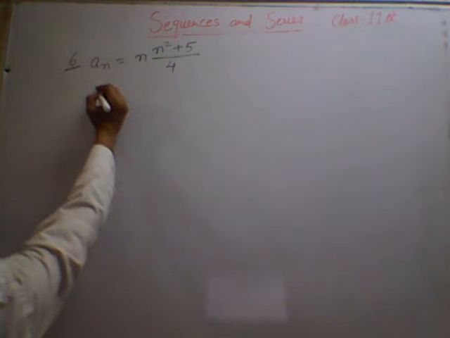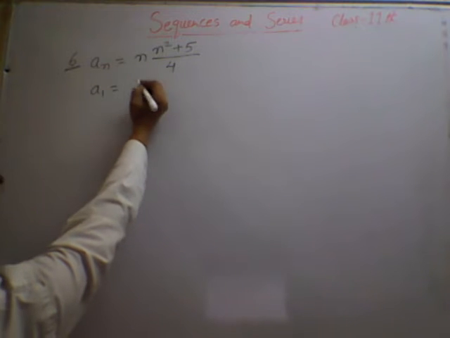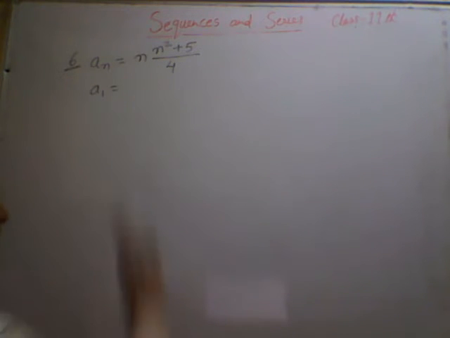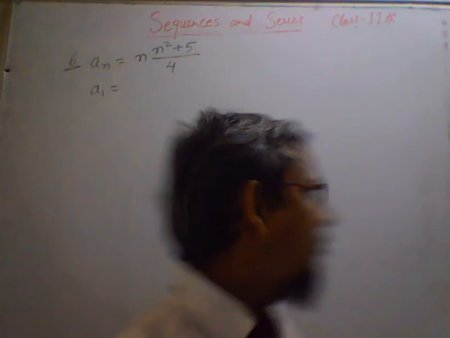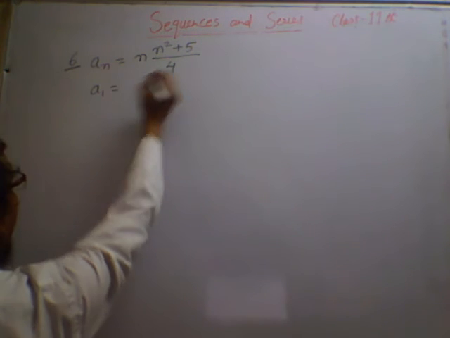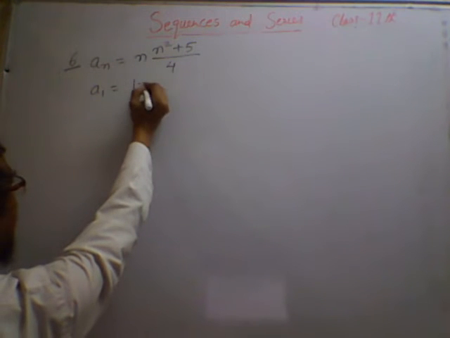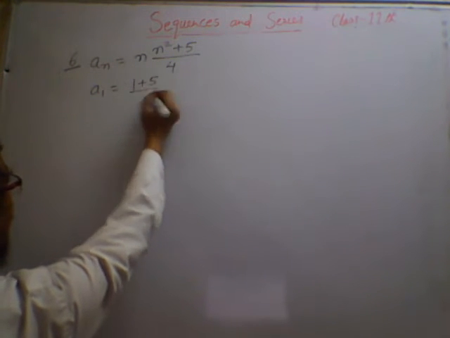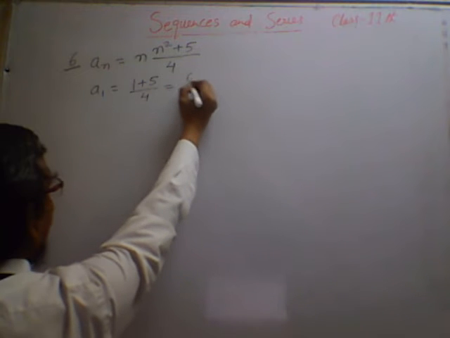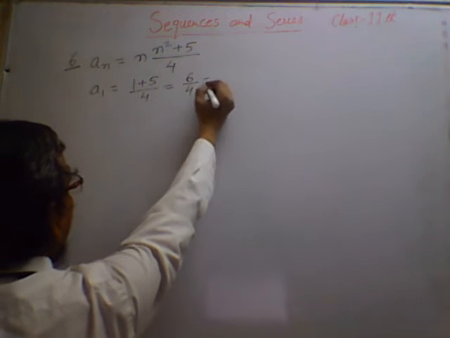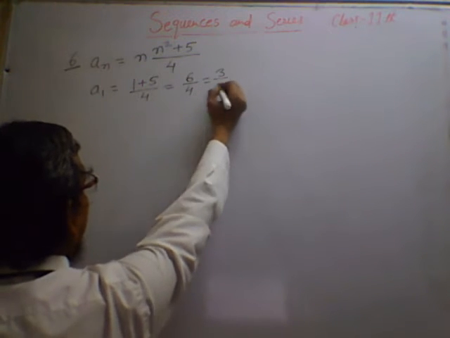We will find out A1. A1 is equal to, this is 1, so 1 multiplied by anything will be 1, so no need to write. 1 square is 1, plus 5 over 4. It will be 6 over 4, which is 3 over 2.